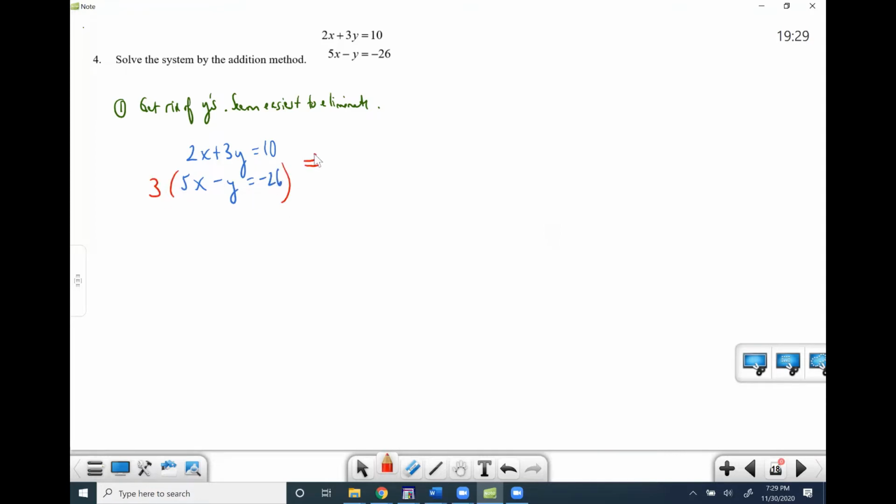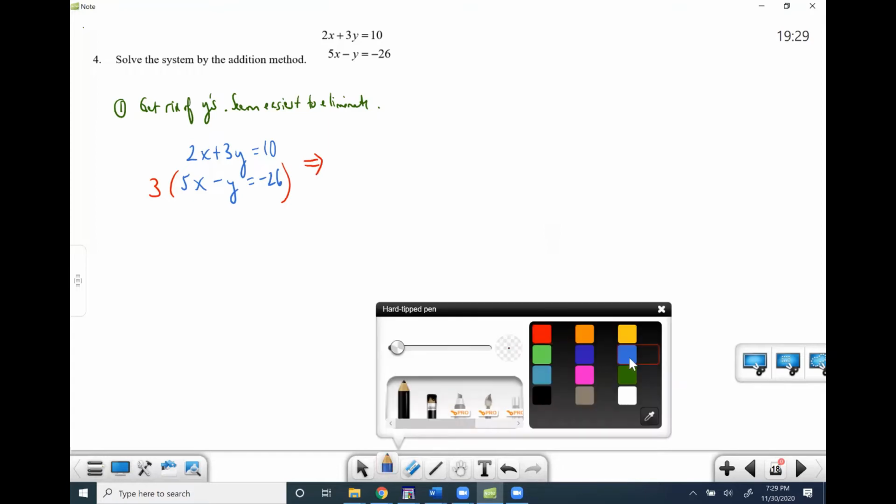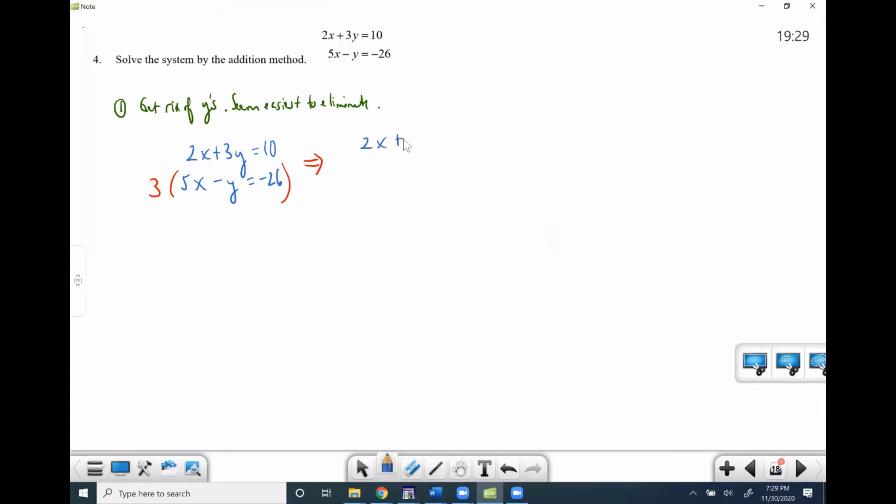So this is what will do it. And this looks familiar. You just did this on the last page, huh?